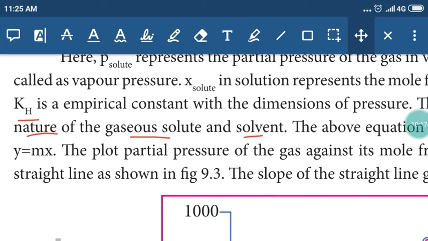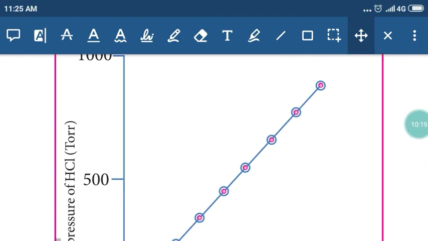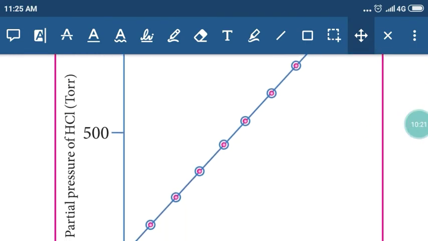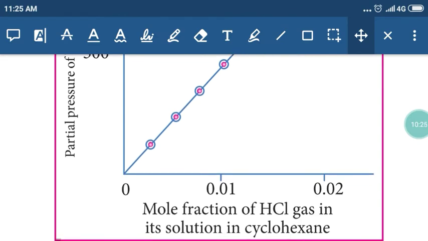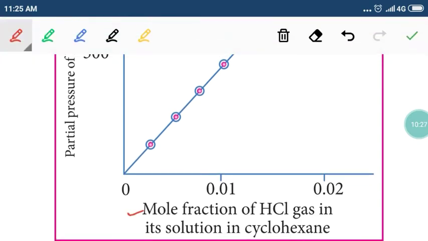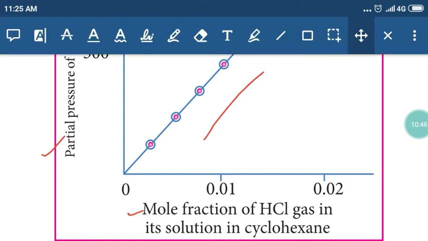Next, we may draw a graph between mole fraction and partial pressure. The mole fraction is taken on the x-axis and partial pressure on the y-axis. Both are directly proportional, so we get a straight line, which obeys the straight line equation y equals mx plus c.